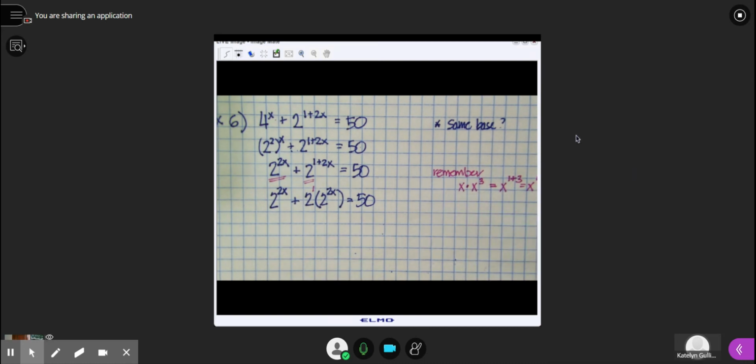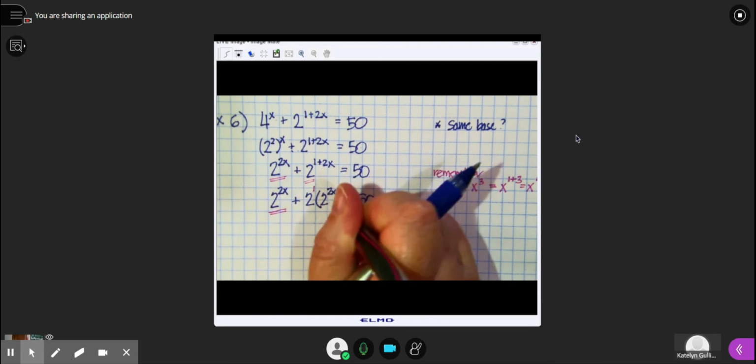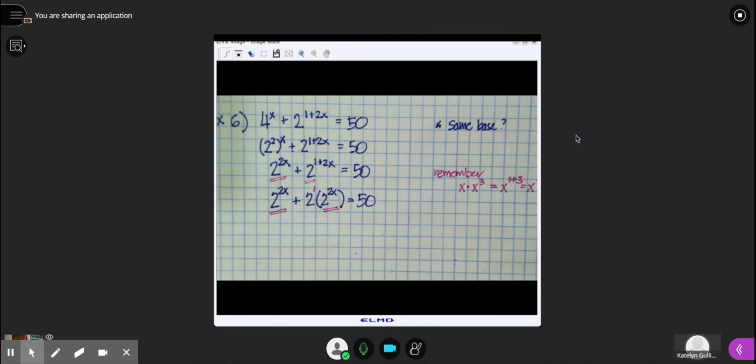So now I'm getting tricky with it. You see how you've got a 2 to the 2x in each of those? So now I'm going to pull that out. So 2 to the 2x has to equal 50 over 3.